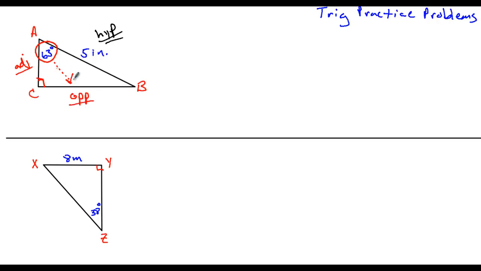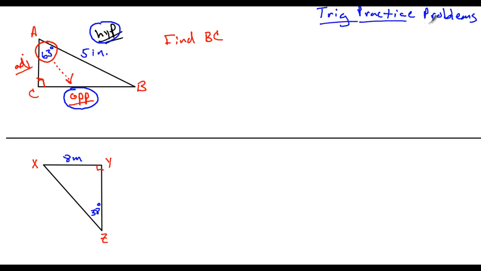Okay, so BC is opposite from 63, and AC is adjacent to 63. So if I want to find the length of, let's say my problem says to find BC, so I want to find out how long this is, I know that I need to find the opposite side. And I know that I've been given the hypotenuse.